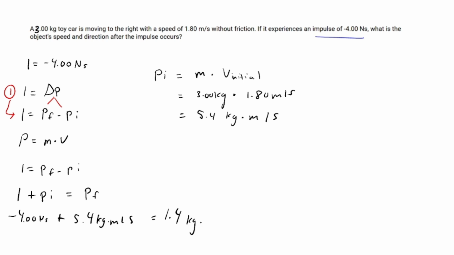Now what we need to be doing is, since we know our final momentum, we need to isolate for our final velocity. So we're just going to do final momentum divided by our mass, which will give us our final velocity on its own. Now I'm going to put my calculations in this blue box over here.